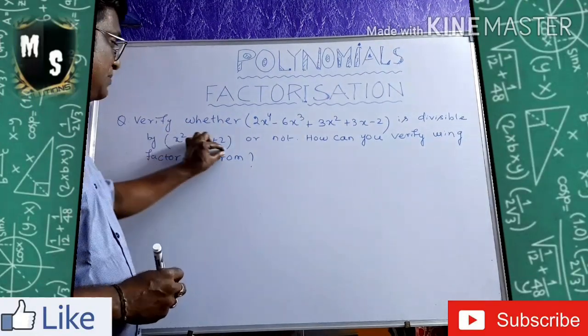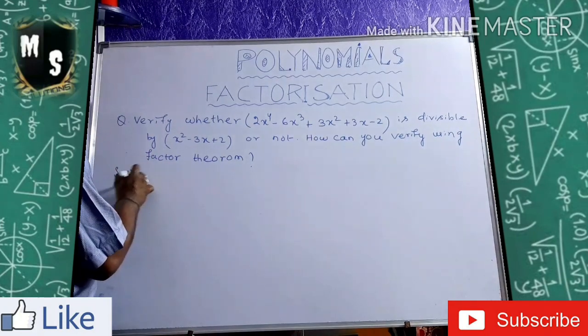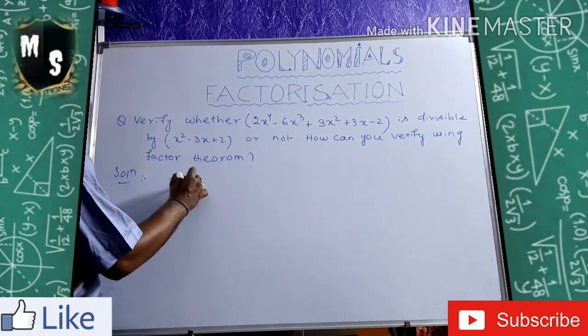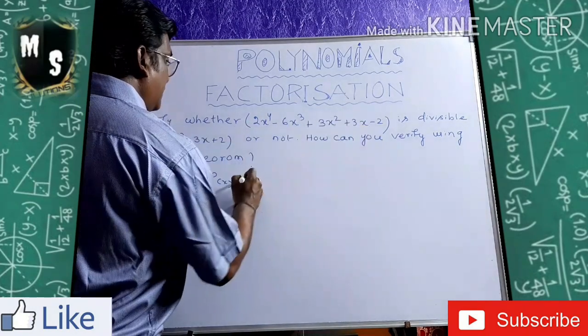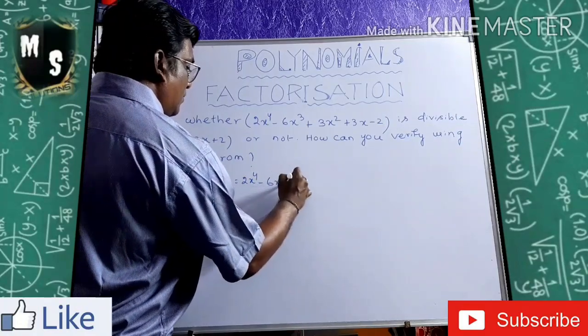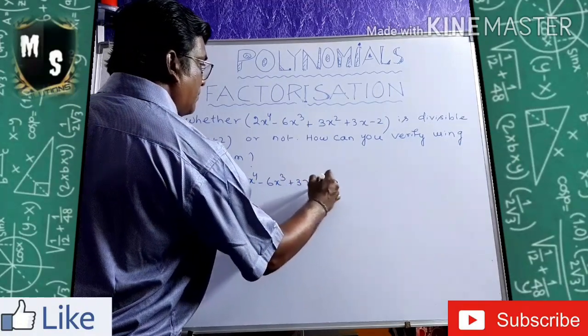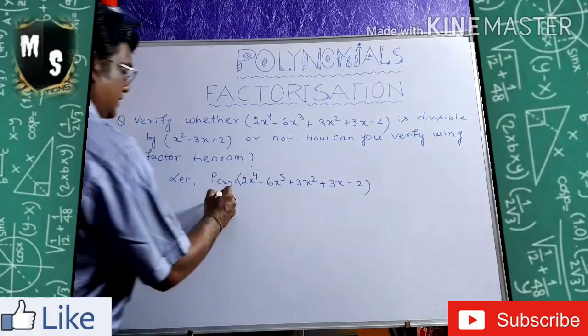So take the gx first. What is the gx? Solution. See now, I am doing. You write, let px is equal to this polynomial: 2x4 minus 6x cube plus 3x square plus 3x minus 2. Clear? Now what is your gx?